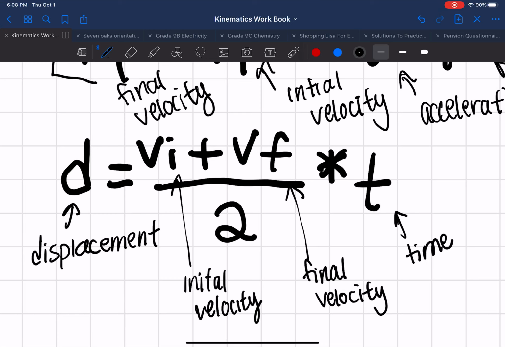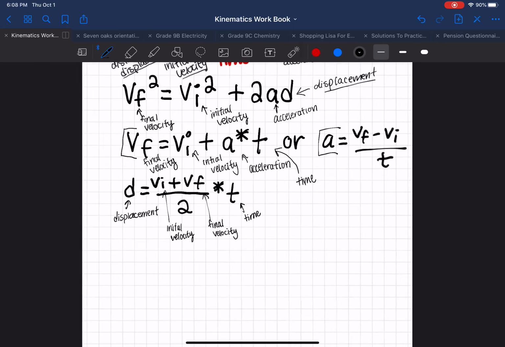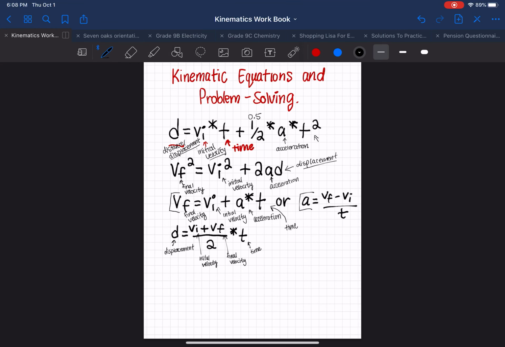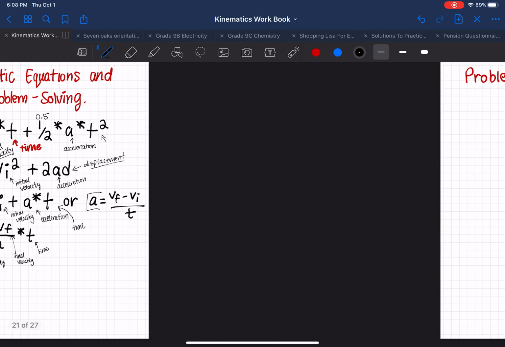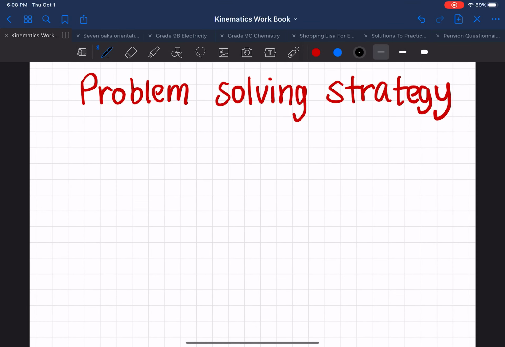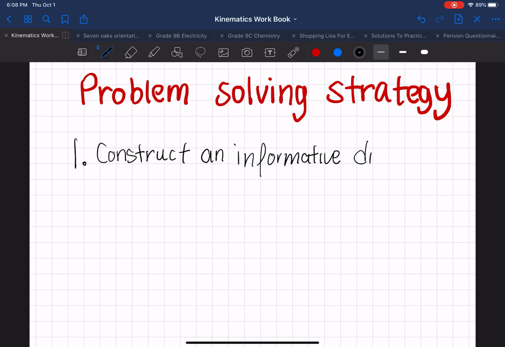Okay, now let's see these formulas come up. How are we going to use them? There is a strategy that you can use. I'm going to zoom out here and we're going to write down a few problem solving strategies. Here are some steps that can help you solve these questions. Step 1, construct an informative diagram of the question.